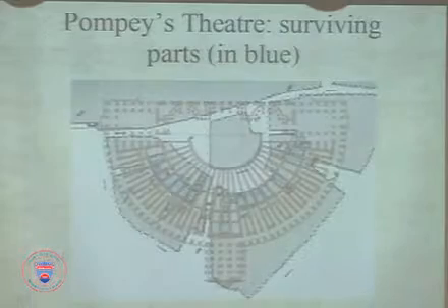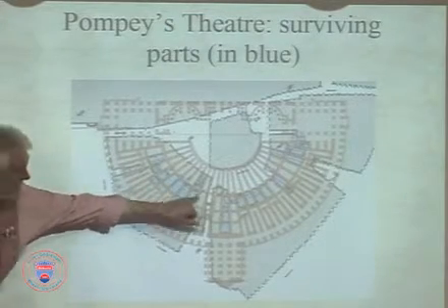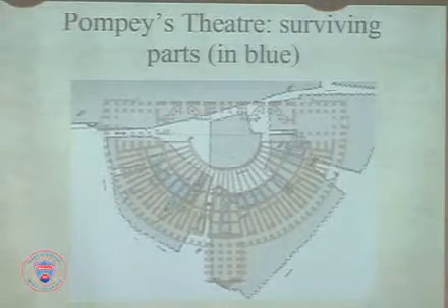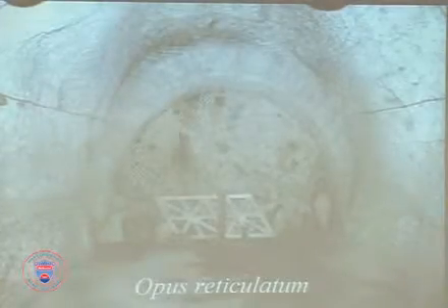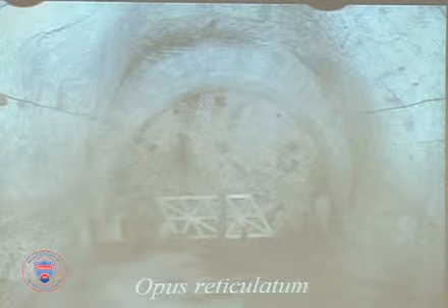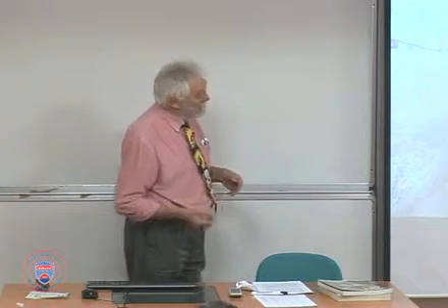And then by looking underneath the Palazzo Pio, we can still see these things here. Separate rooms. Well, these are barrel vaults, of course. Barrel vaults built in Opus Reticulatum. This is the earliest dated case of Opus Reticulatum, 63 BC. It may have been used before, we don't know. But here we have Opus Reticulatum used in a barrel vault in Pompey's theatre.